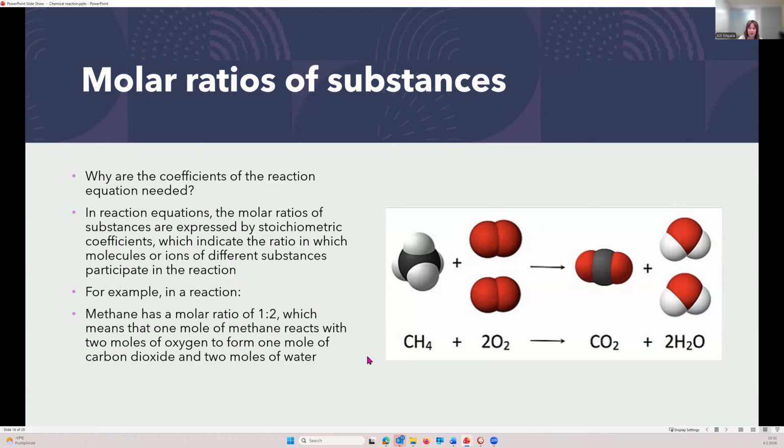So we know how much of some reactant we need to put in and how much product we get. So if we know how much of some product we want to get out of the reaction, then we of course need to know the molar ratio.